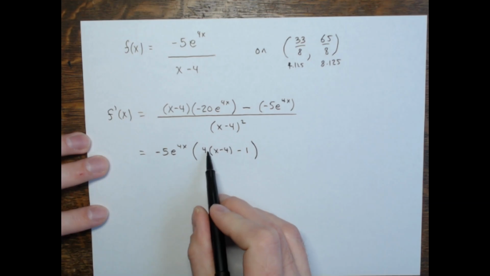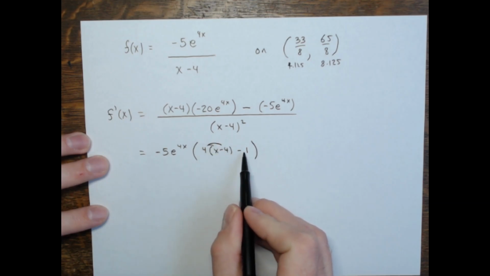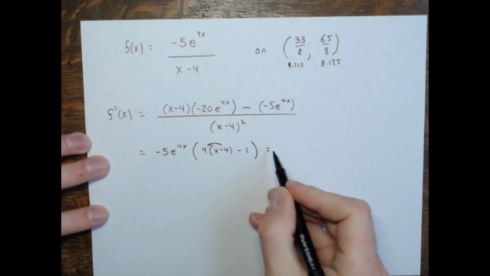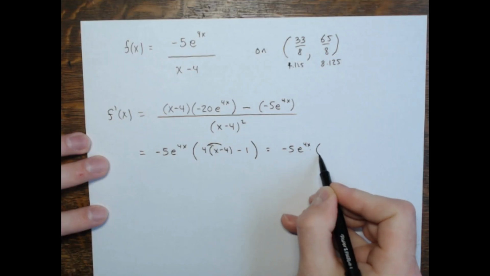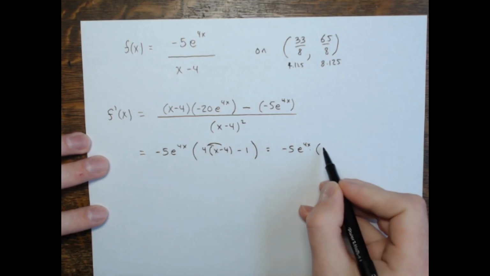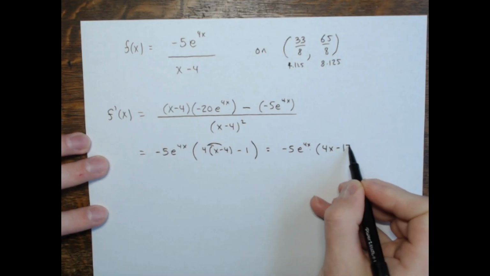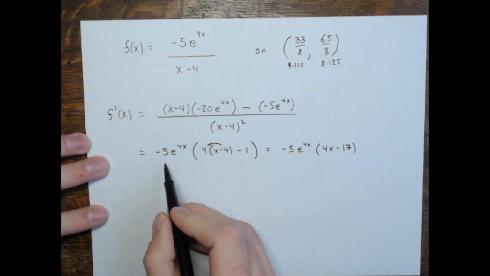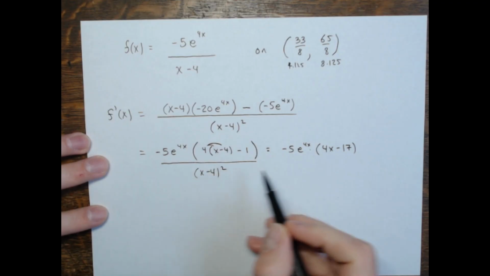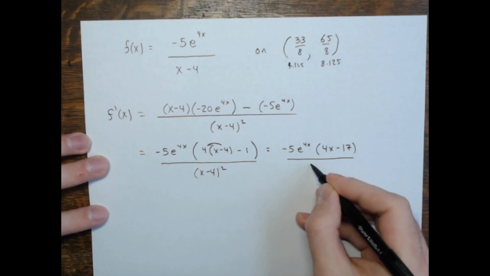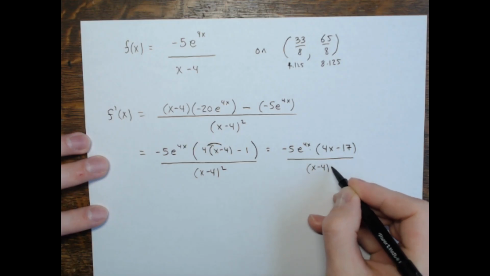We'll put this together. This would be 4x minus 16 minus 1. So this is -5 e to the 4x times 4x minus 17. That's in the numerator. All that divided by x minus 4 squared.